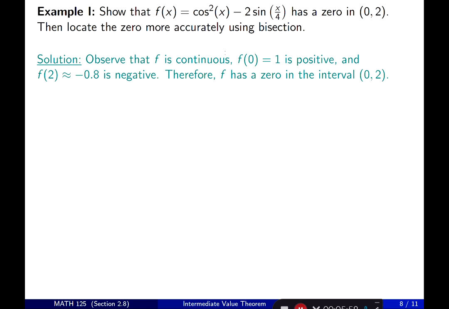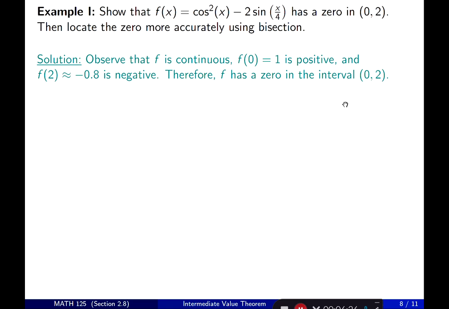F of 2 is cosine squared 2 minus 2 sine of 2 to the fourth, and if you plug that into your calculator in radians, you get approximately negative 0.8, a negative value. And so according to the intermediate value theorem, f has a 0 on the interval 0 and 2.